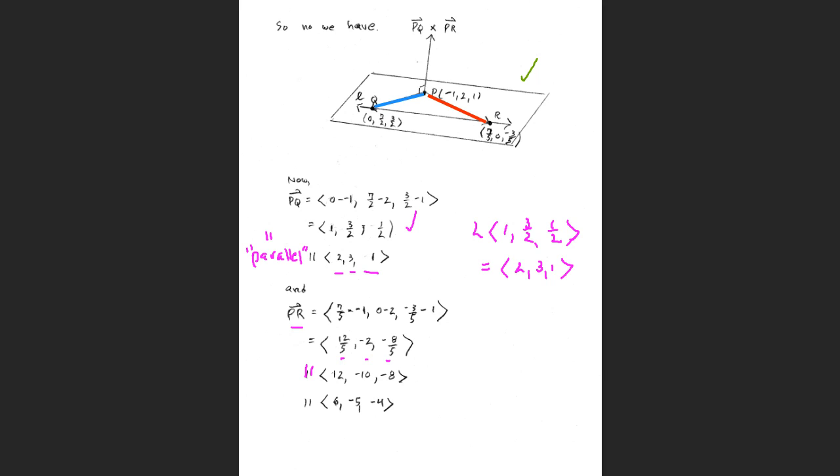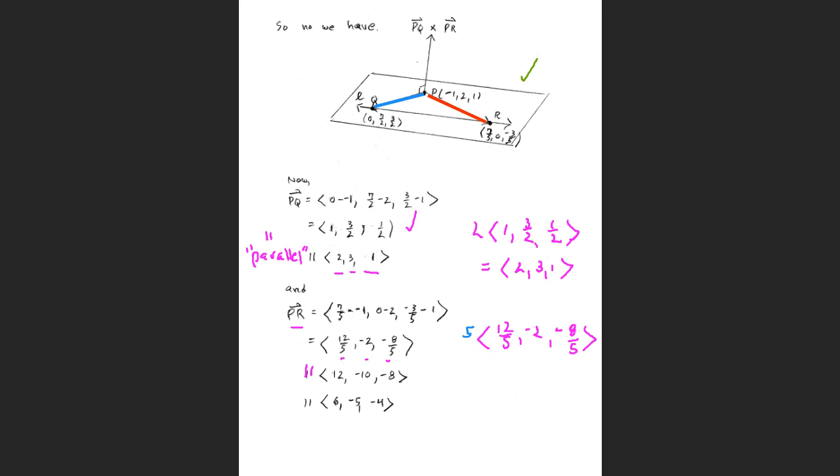That's the symbol for parallel. Obviously, what makes that a complicated vector is the 5 in the bottom.